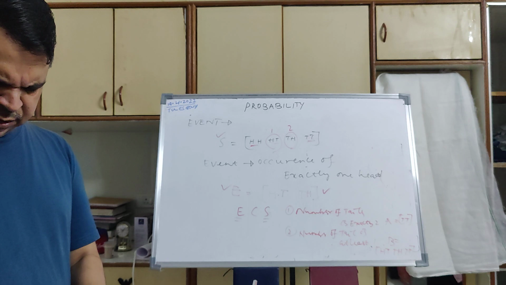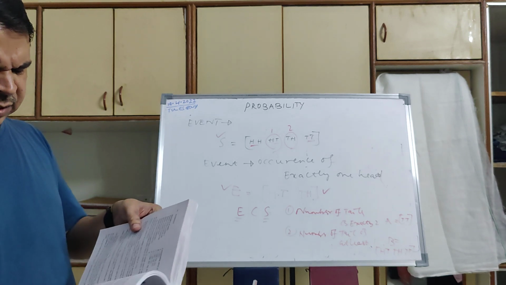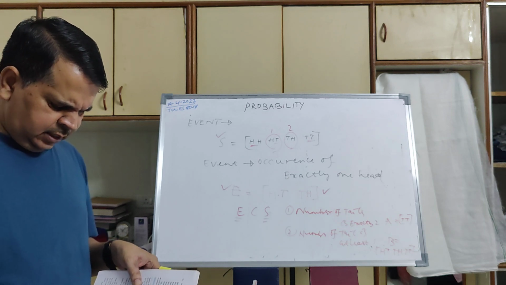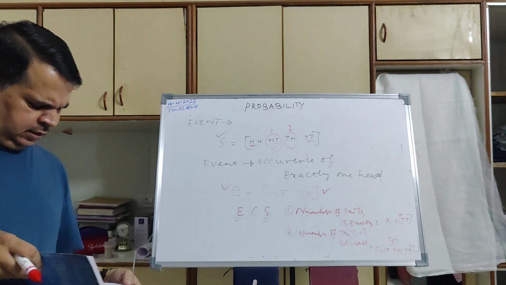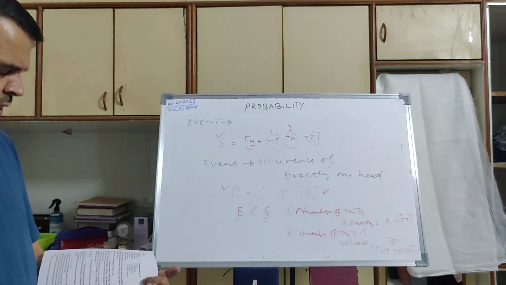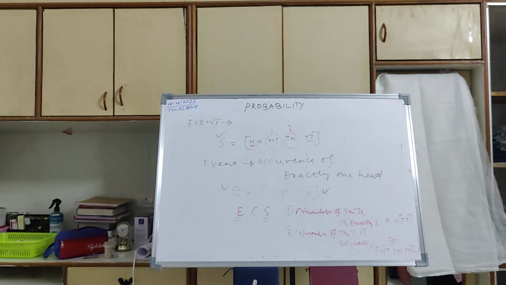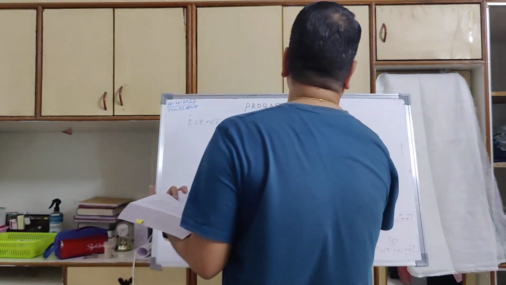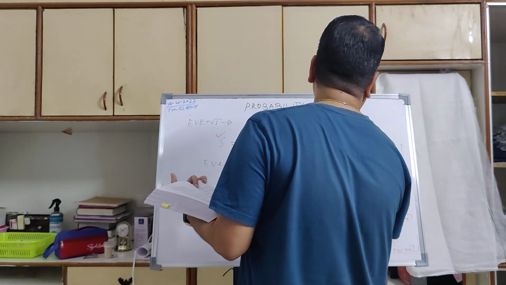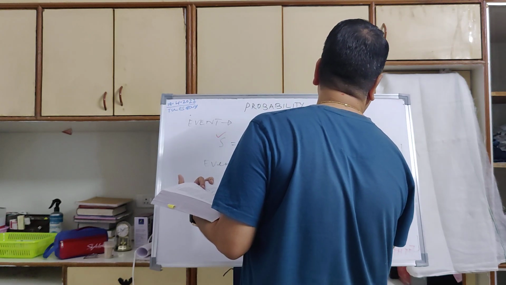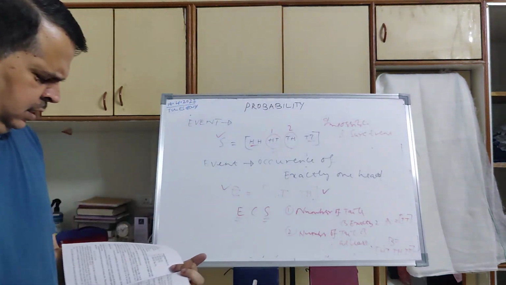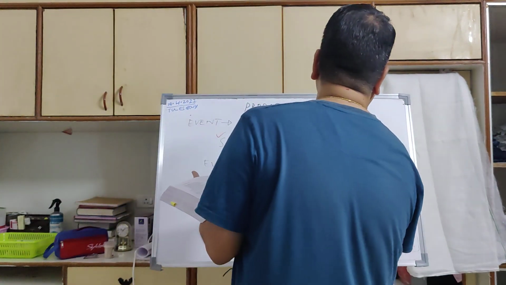To understand this, let us consider the experiment of rolling a die. This is the theoretical part: impossible and sure event. There is another term called a simple event.